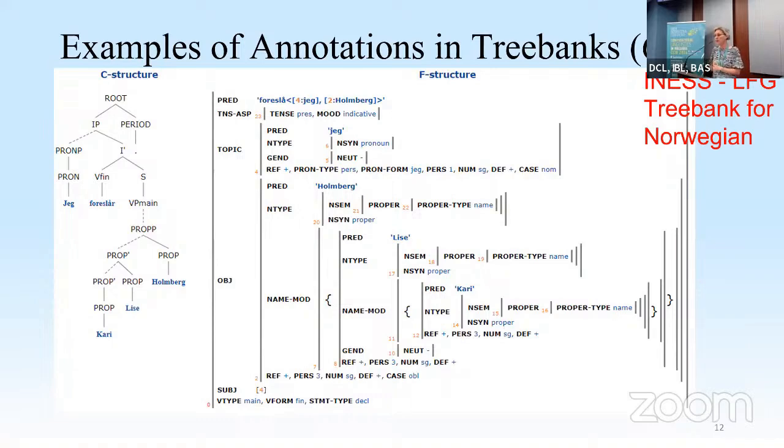I mean, they are really the best. However, they are very complex. And in reality, the people who develop their treebanks in this formalism always live with dependencies in the end, because it's really complex representation.